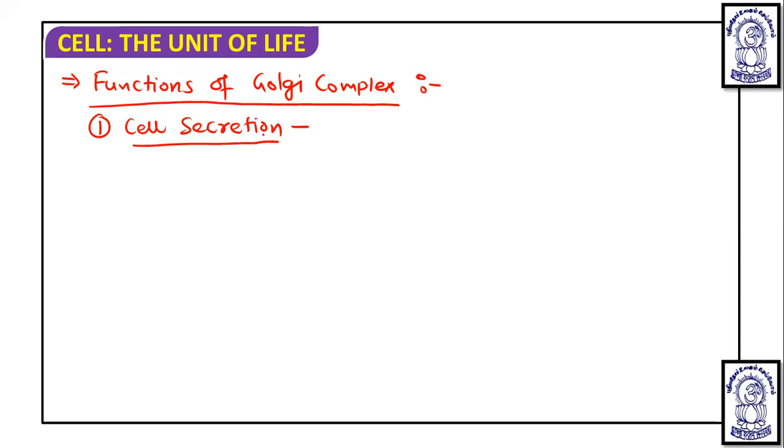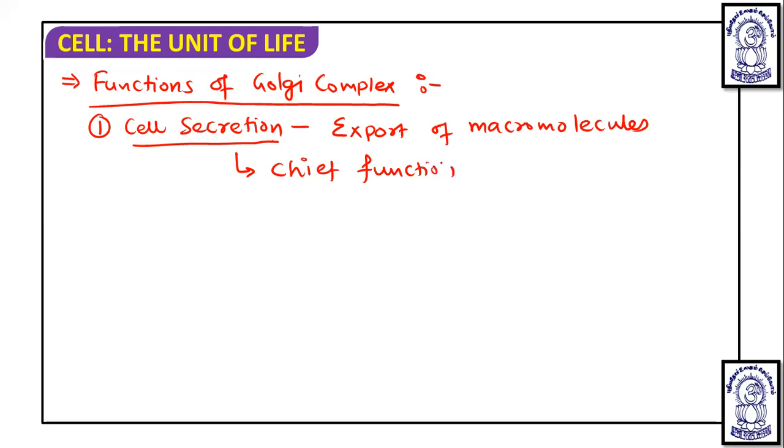Cell secretion is the chief function of the Golgi body. So cell secretion means export of macromolecules, and this export of macromolecules is carried out by the Golgi body, and it is the chief or main function of the Golgi body.